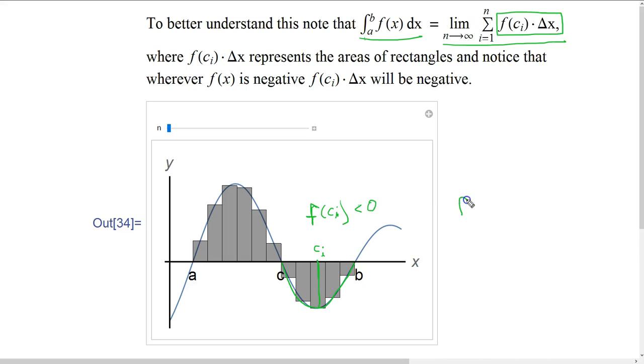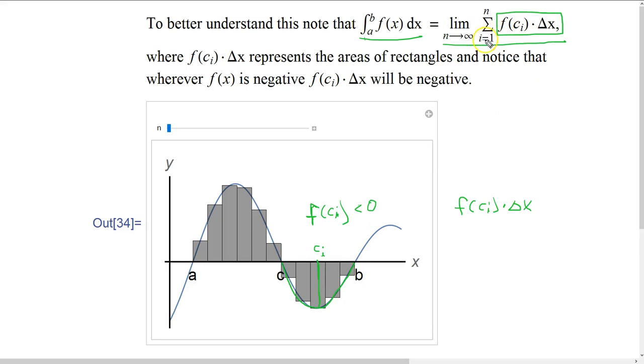So when we multiply f of ci times delta x, that's giving us a negative number back. And the absolute value of that negative number would be the area of this rectangle.